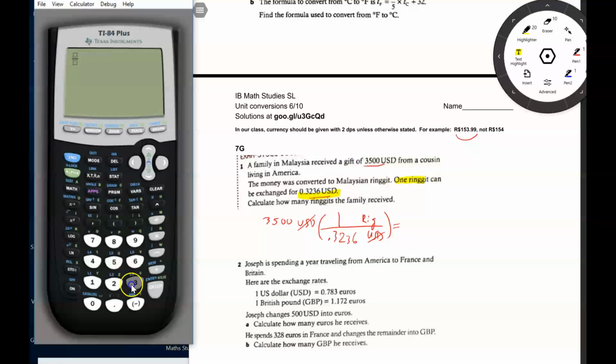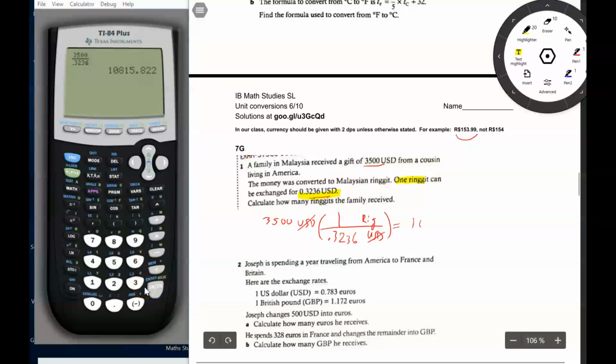So I'm going to put 3500 on top, and on the bottom, I'm going to put 0.3236. So the answer is 10,815.82, because I gave it cents, okay? That's ringgit.